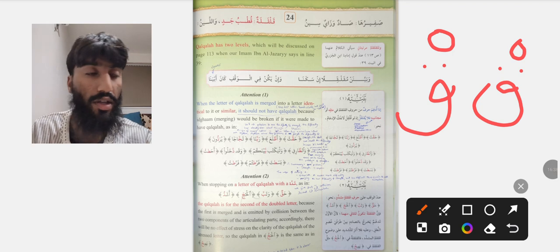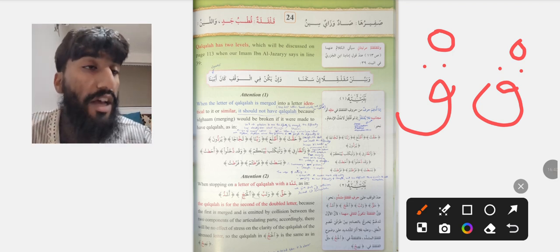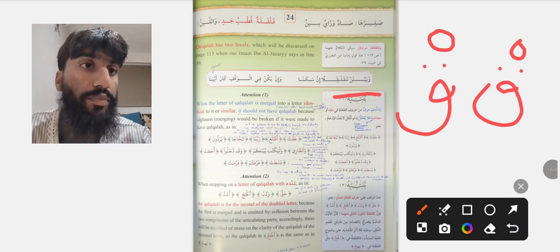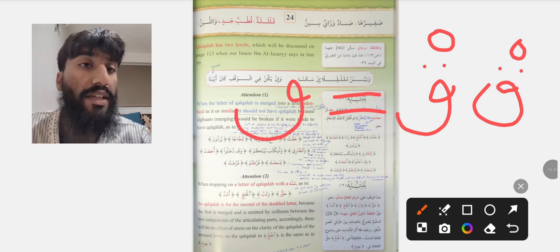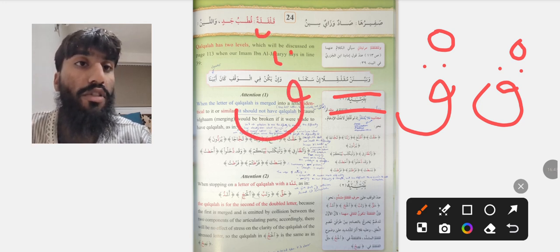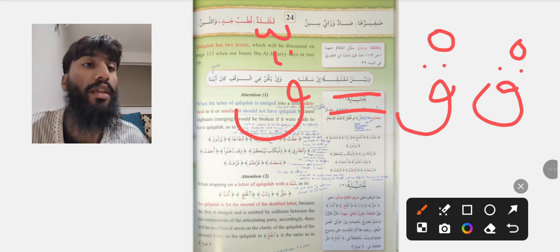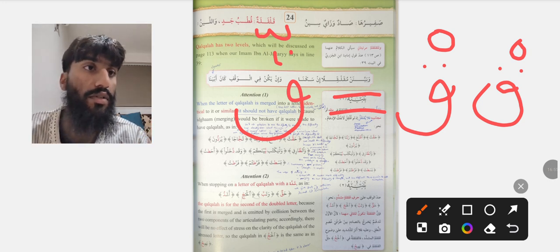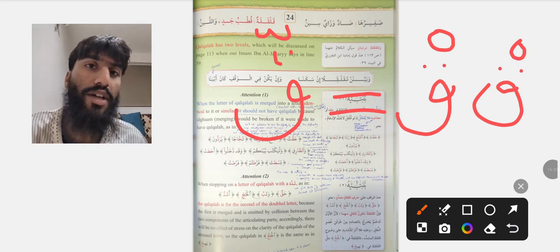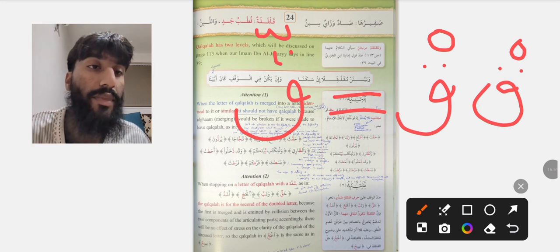And the second will have qalqala, right? But usually if you have two qafs, they merge together and they make qaf with shadda, okay? At the end of the sentence now, there's two qafs, but the second one also has sukoon because you're ending on it.